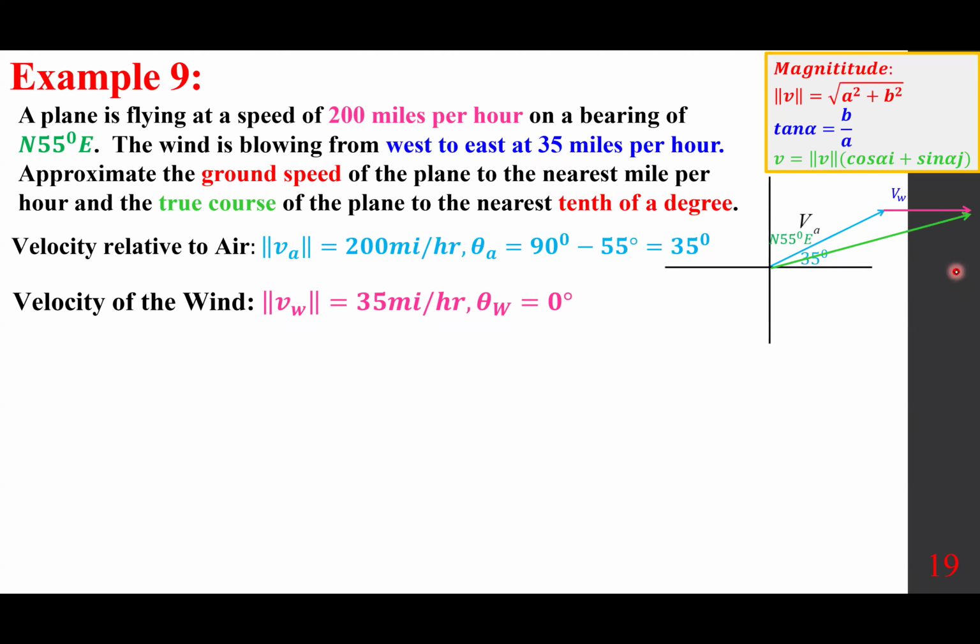What are we looking for? We are looking for the magnitude of this. This is the velocity with respect to the ground because the two add up. And if this angle is theta, then the true course would be north, east, and this angle.